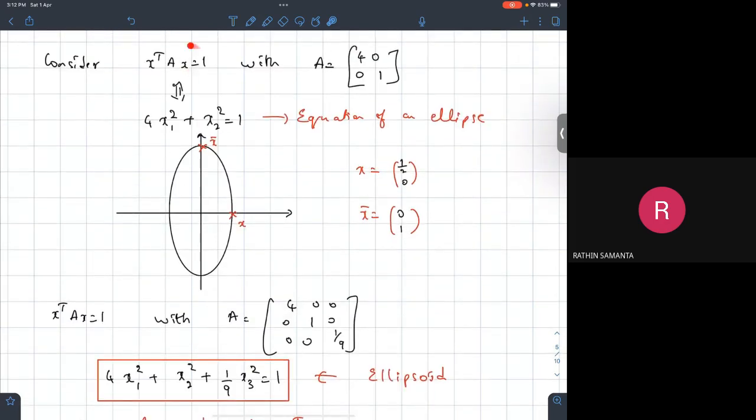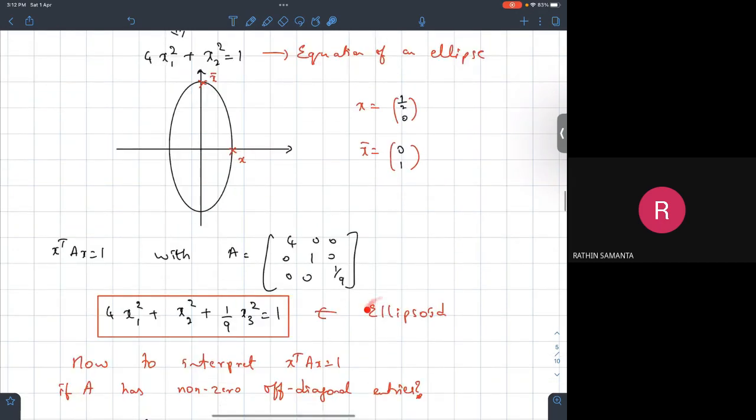So this equation, x transpose Ax equals 1, leads to different geometric interpretations. It's either a sphere or an ellipsoid, with diagonal matrices. So far, are people with me? Yes, sir. Okay, so now the question is, what if I take a matrix which has off-diagonal entries?